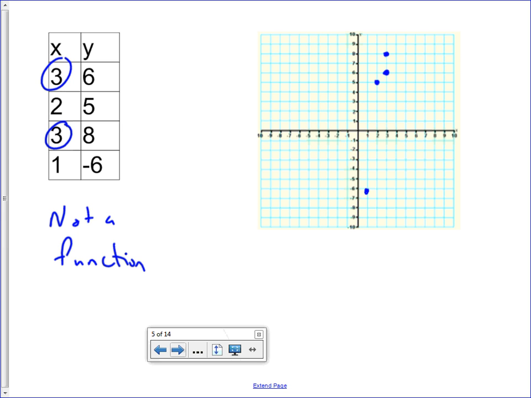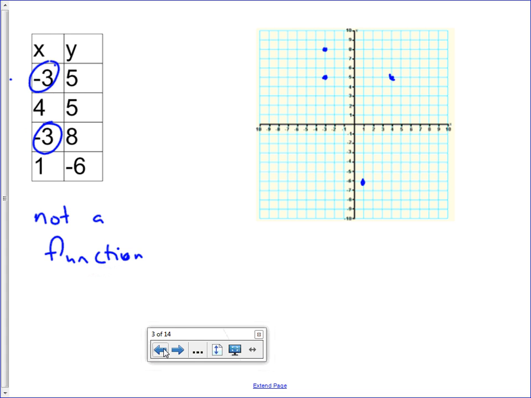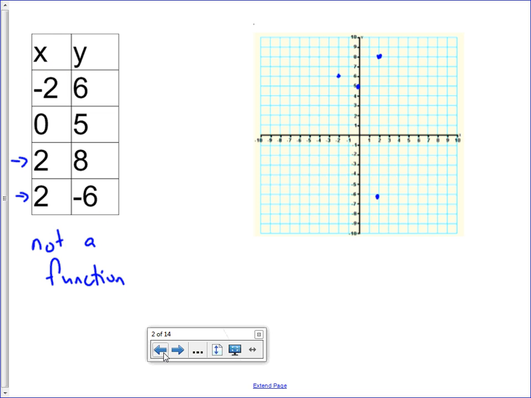Okay, and if I take a look at my graph, I can see that these two 3s, here are the points that correspond with them. If I look at the 2s, here are the points that correspond with them.